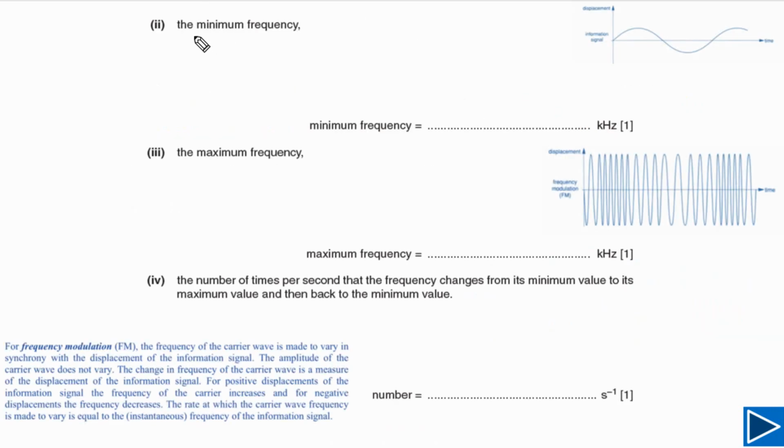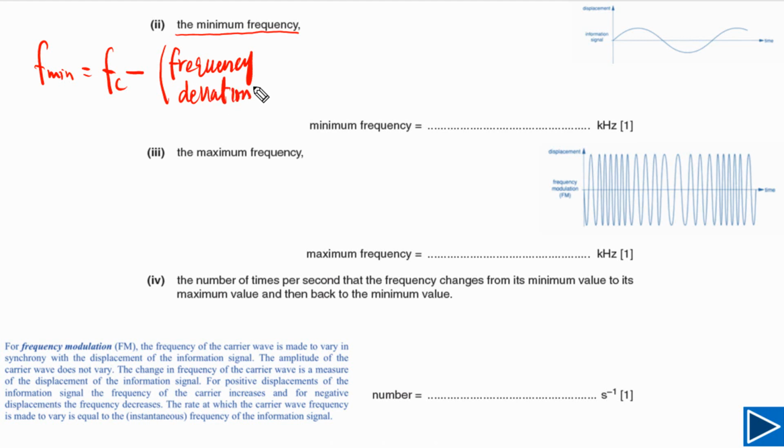The second part is asking us to calculate the minimum frequency of the frequency modulated wave. If we have the frequency of the carrier wave, we simply need to subtract the frequency deviation, which we multiply by the amplitude of the signal.